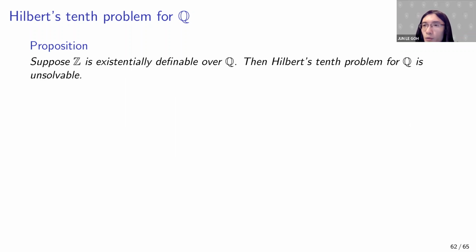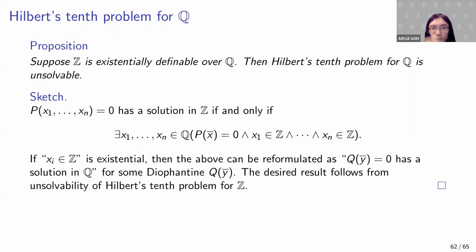Suppose that there was some existential formula that does this. Then we could reduce Hilbert's 10th problem for Z to Hilbert's 10th problem for Q in the following way. Suppose we have some equation P with integer coefficients, and we are interested in whether it has an integer solution.